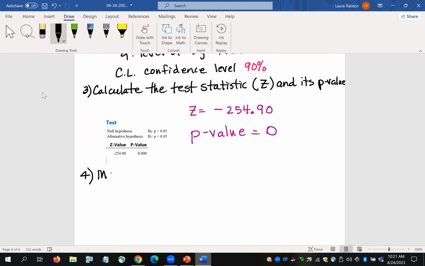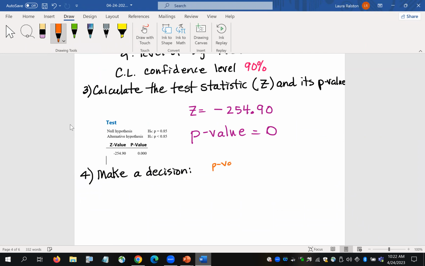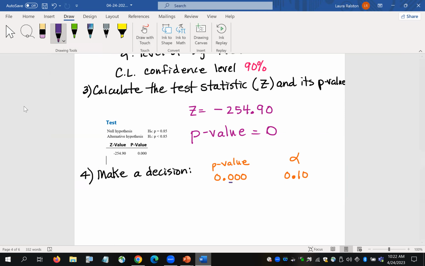Okay, then we're going to make a decision. We make our decision by comparing the p-value to alpha. So my p-value from Minitab is 0. Alpha is 0.10. So if I make that comparison, the first number after the decimal in the p-value is 0. For alpha, it's a 1. 0 is less than 1.